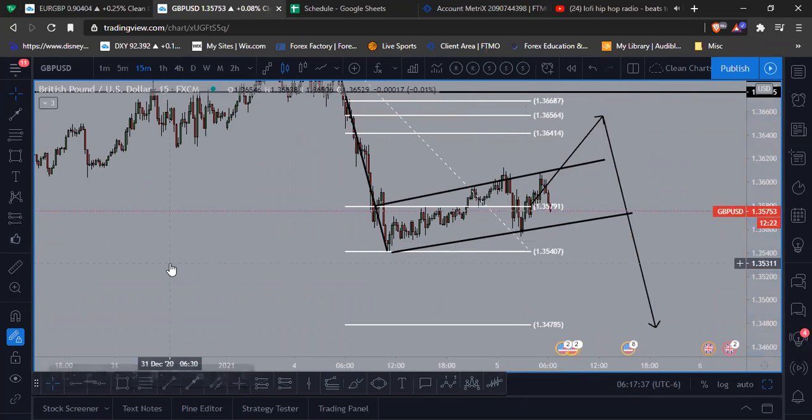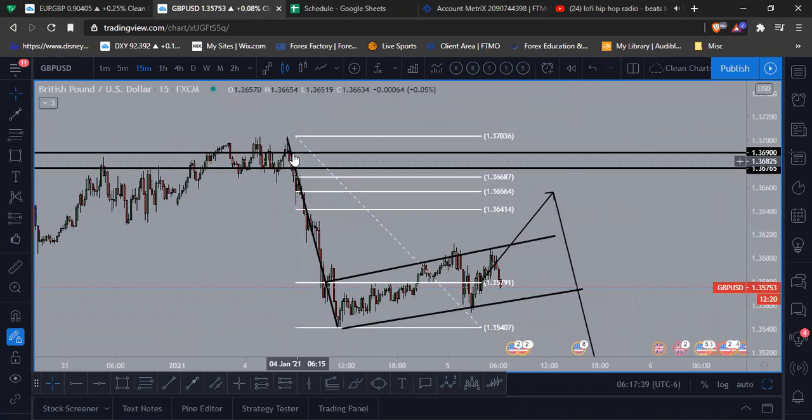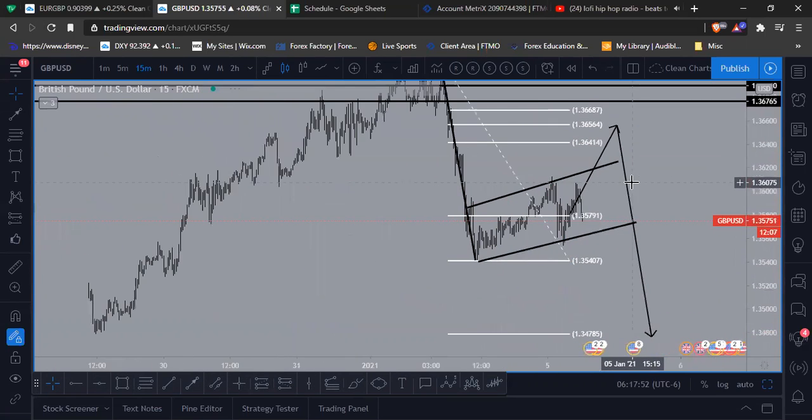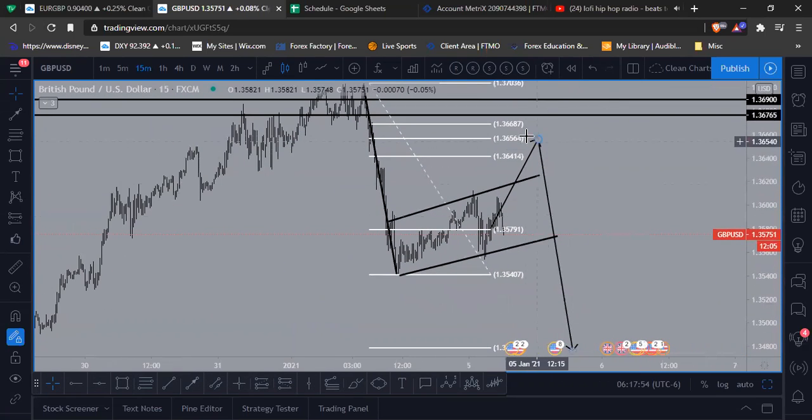Let me get rid of this fib on the side. With this flag that's really playing out, I don't know if we're necessarily going to get that drop to the downside. We're going to get this push up to the upside before a drop, but hey, that's what I'm looking for. If I don't get this, I'm not going to get in the trade. If you want, you could try to sell this here, but that's not me.